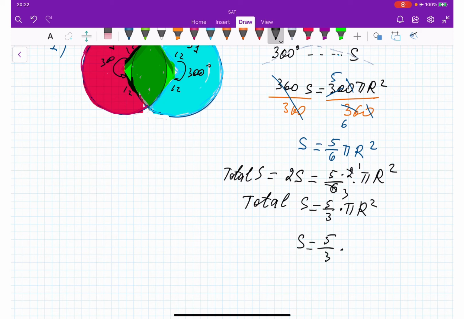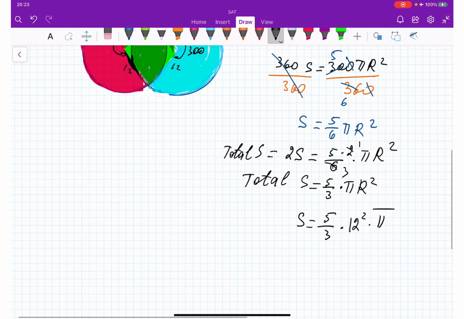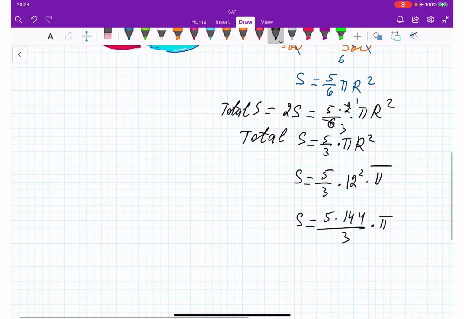R is going to be 12. 12 squared times pi, right? S is equal to 5 times 144 over 3 times pi. Now, is 144 divisible by 3? 14 divided by 3 is 4, 12, 24, 48.